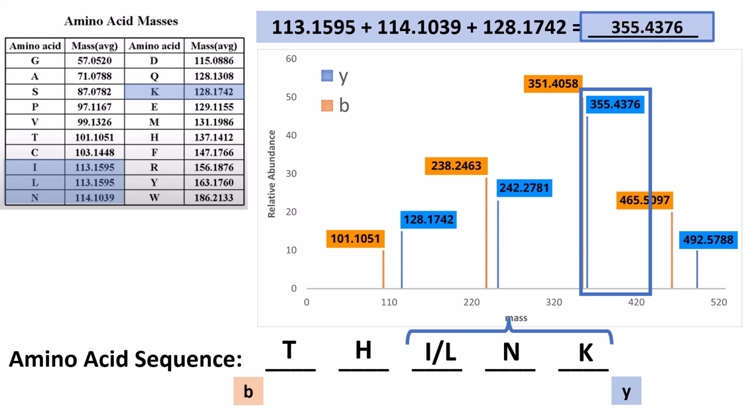This is the same as the mass value of our next Y ion peak. Therefore, we have determined the sequence accurately. Our peptide sequence is T, H, I or L, N, K.